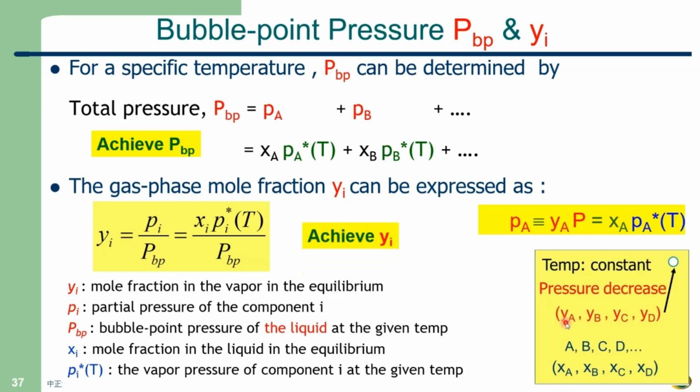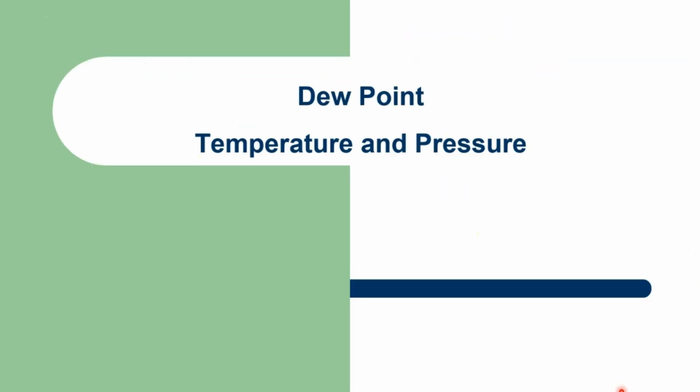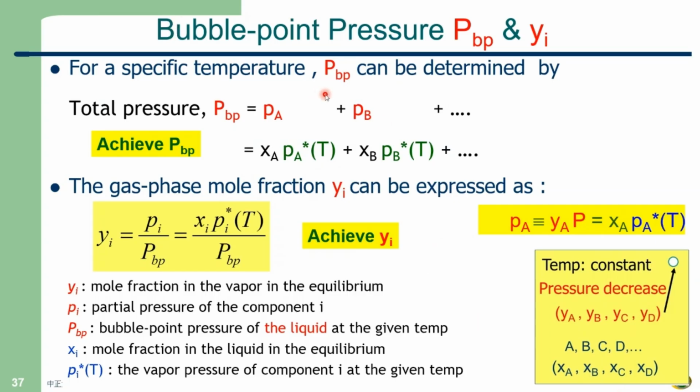If you achieve yi, I want to ask you, what is the partial pressure? You know the bubble point pressure and you know the partial pressure of i. So what I want to tell you here is that when you're talking about bubble point, remember you have to use the equation where total pressure equals partial pressure A plus partial pressure B plus partial pressure C plus partial pressure D, etc. And in order to get a bubble point temperature, you need trial and error.